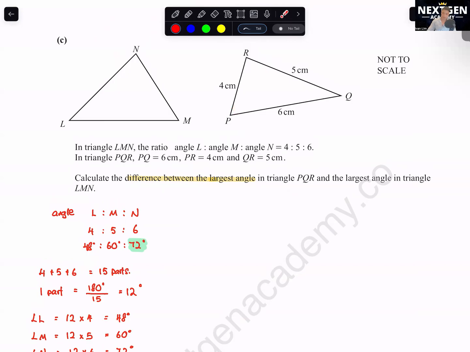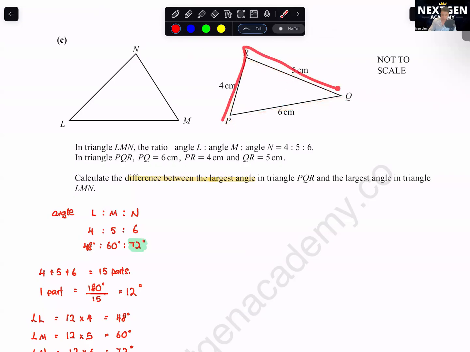Okay, you all have to know this. The angle that faces the biggest side will be the biggest angle. Imagine a crocodile mouth, you open your mouth. This one you need to open 5 cm.